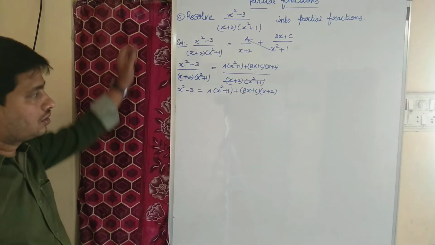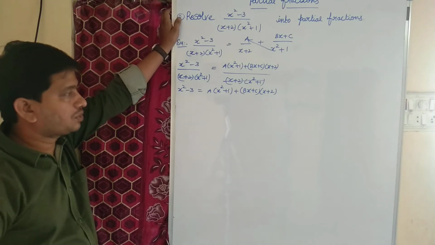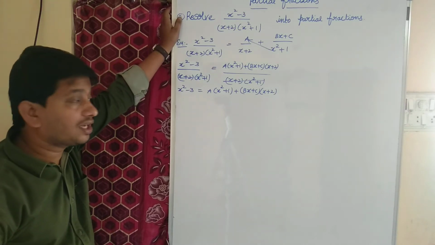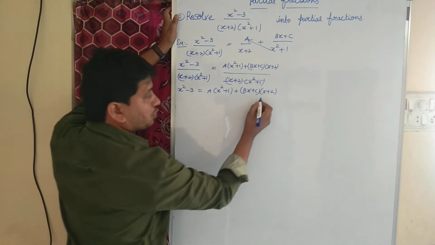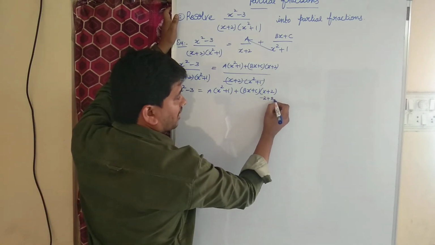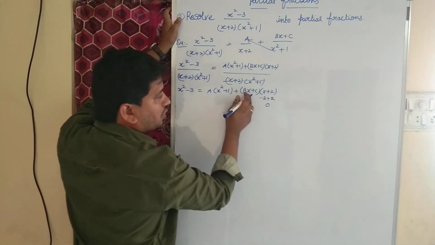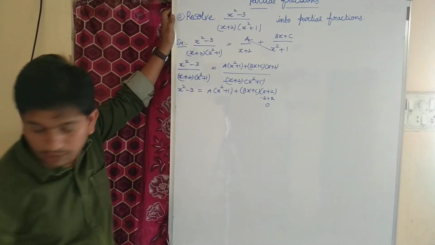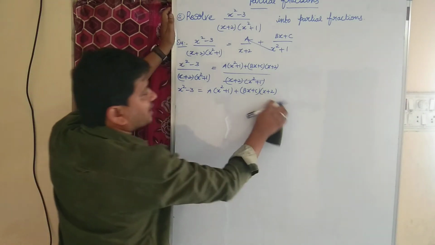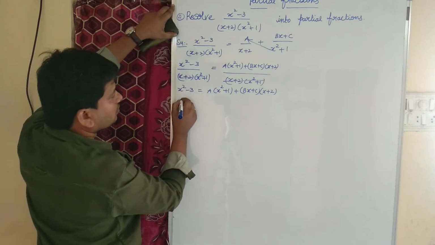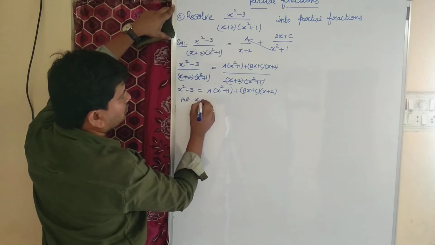Okay, children? Think about it. What do we need to substitute in the place of x to get the value of a? See, children, if I substitute x equal to minus 2, then x plus 2 will become 0. 0 into something is 0. So let me put x equal to minus 2.